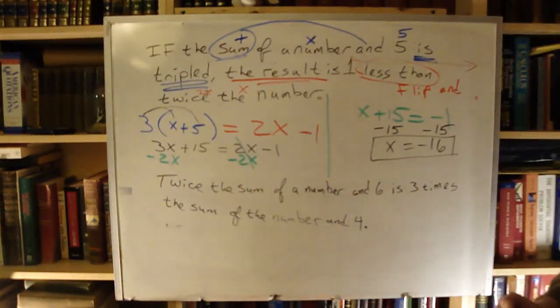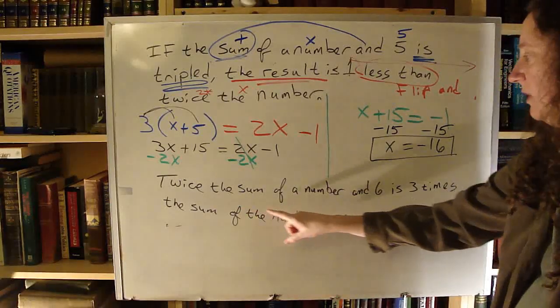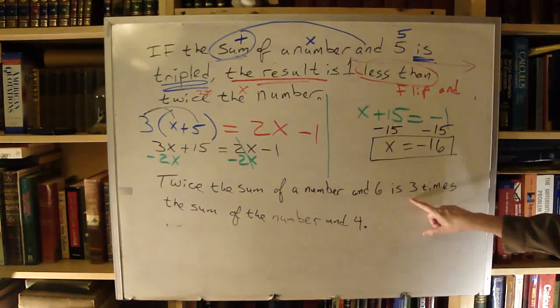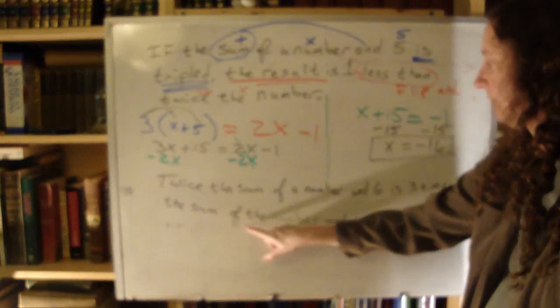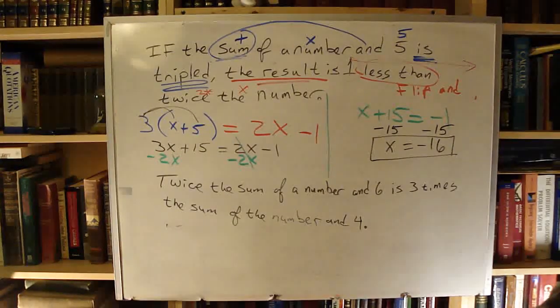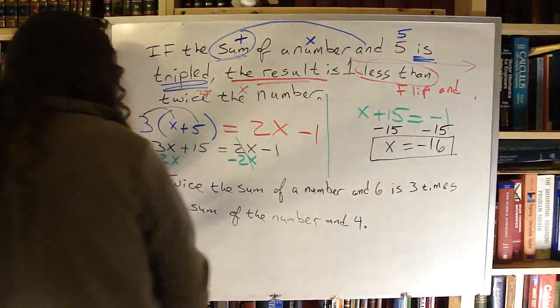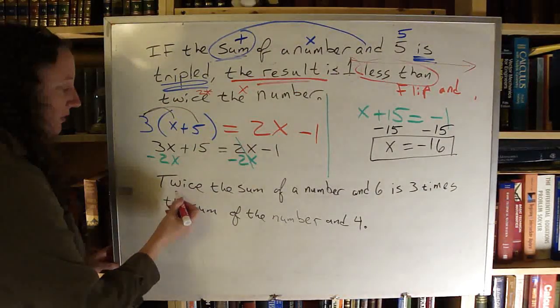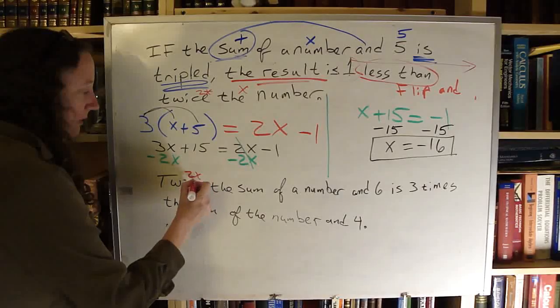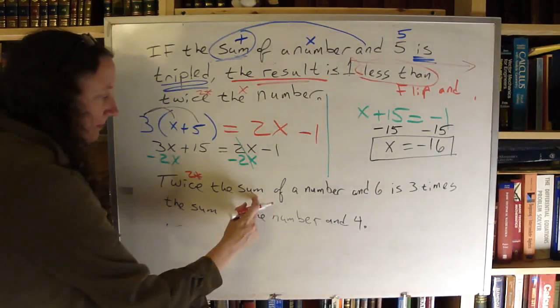Second problem. Twice the sum of a number and 6 is 3 times the sum of the number and 4. So I have to translate. Twice means 2 times. The sum.